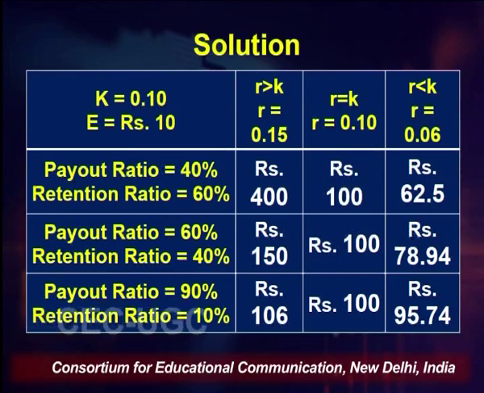So, once again, just like Walter's model, it is proved by Gordon's model as well that declaring dividend impacts the price of the share in the market, and when the payout ratio is increasing, in case of growth firm, the price of share will fall. In case of declining firm, the price of share will increase, but in case of normal firm, it is not going to be impacted at all. So, this is the conclusion of Gordon's model.